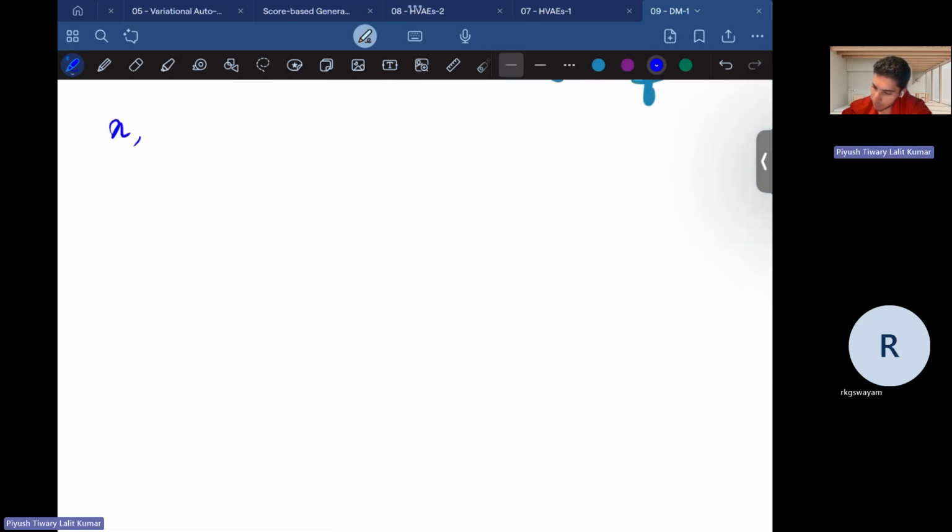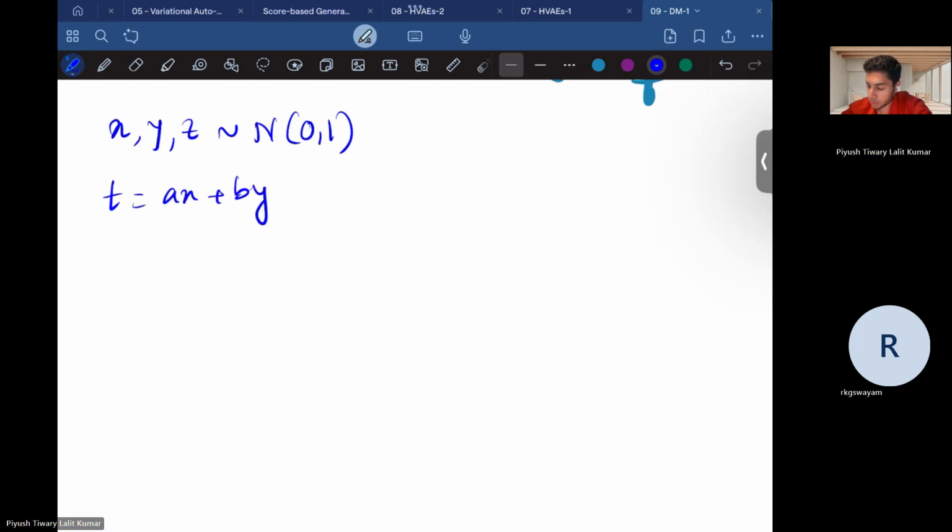Let's say that x, y, z all are normal 0, 1, and you have a new random variable t, which is ax plus by. There is a property of Gaussian random variables that a linear combination of two Gaussian random variables is again Gaussian. However, we don't know what will be the mean and sigma of this random variable.